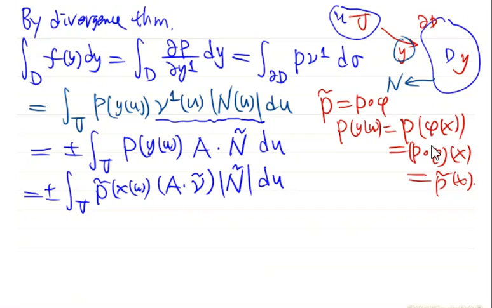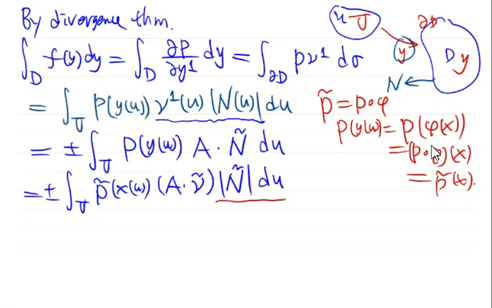But because n tilde is the parametrization of the boundary of omega, the norm of n tilde multiplying du is just the surface element on the boundary of omega.